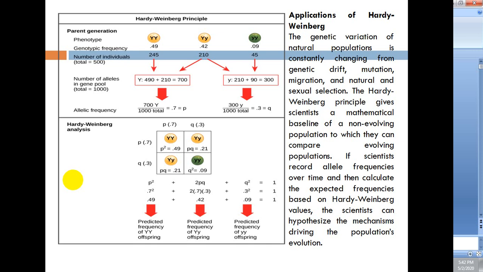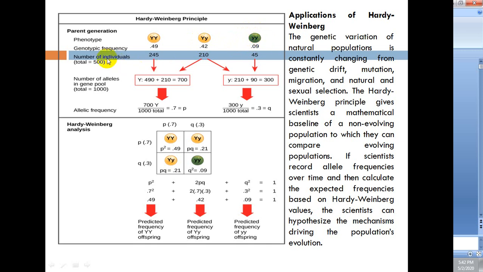Now here is an example. Here we have one gene that is represented by capital Y allele and small y allele. The combination of genotypes may be all dominant, that is YY, or in heterozygous condition, that is capital Y, small y, and in recessive homozygous condition, where both are small y.